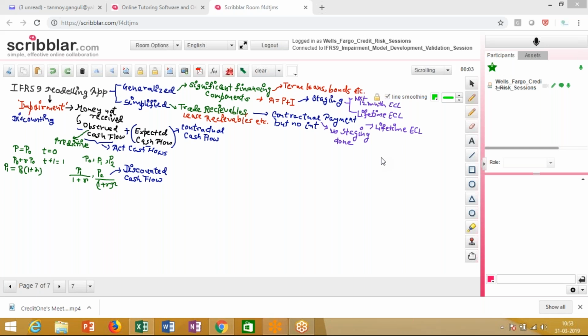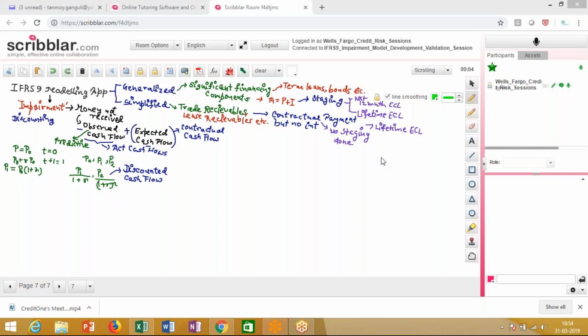So as we started off talking about the different approaches, we tried understanding how PD, LGD, and EAD would go in to capture the impairment. When I talk about impairment, like we had defined in the last session, impairment is nothing but the difference between the money that I expected to receive and the money that I actually received.